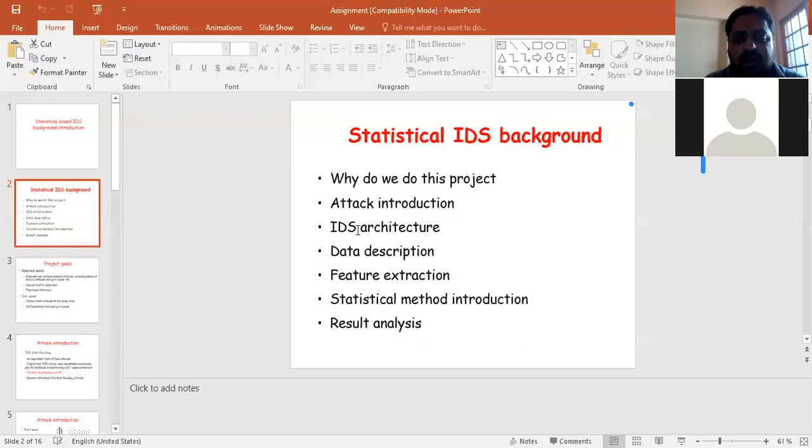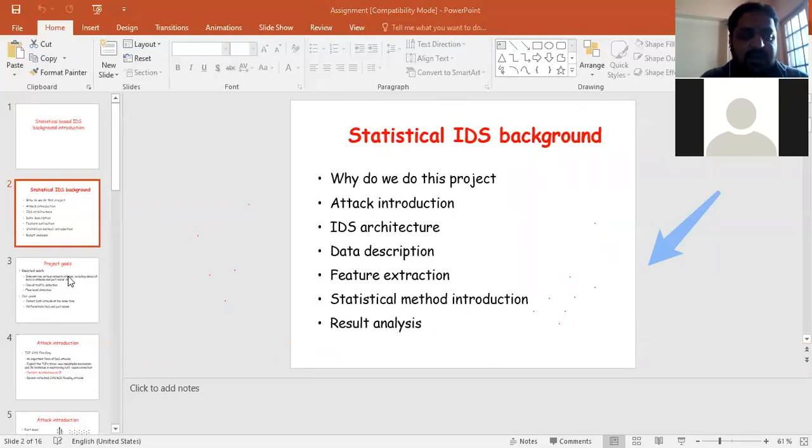In this lecture I will also discuss the different attacks which can be analyzed through the intrusion detection system, the architecture of the intrusion detection system, the description of the different data which can be detected, and how we can detect the intruder which is attacking the system using these intrusion detection methods.